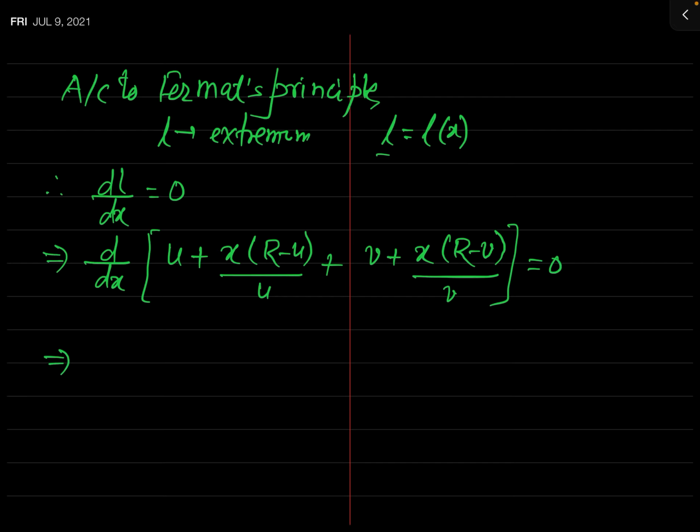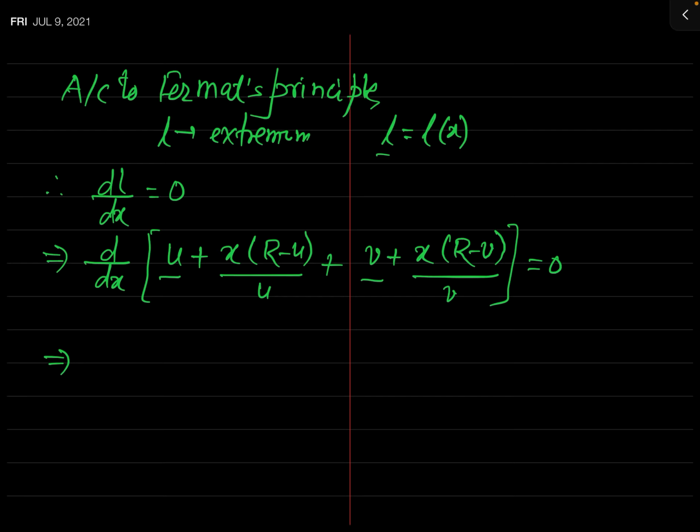So see here, now you can see, since the points A and B are fixed, that is the position of the object and the image are fixed, so this U is actually a constant, V is also a constant, R, which is the radius of curvature of the mirror, for a given mirror is also constant.